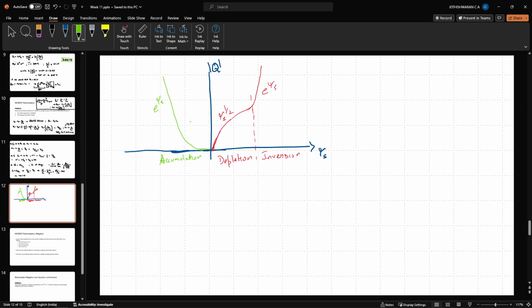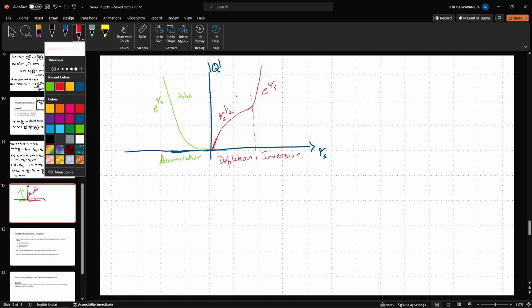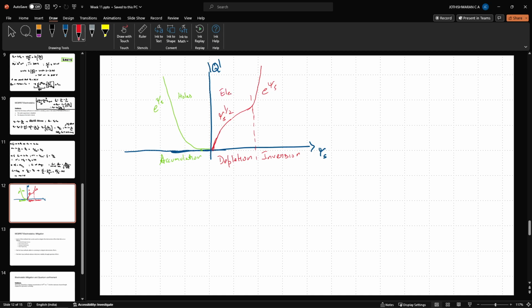Here I have holes, and over here I have electrons. These are the majority carriers over here. Ideally, I will want this to become smaller and smaller. When n is equal to 1, this will become the smallest. Essentially this will just be a small bump over here and it will just rise.